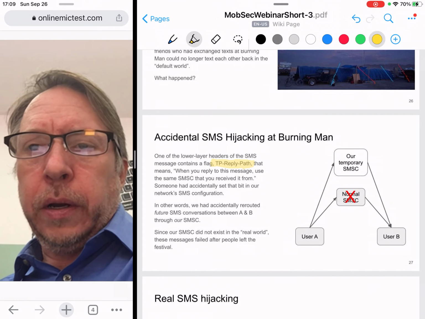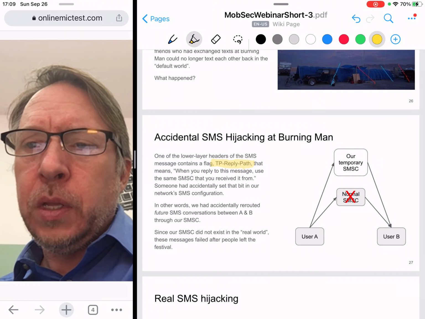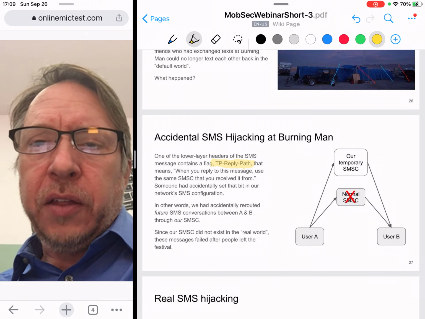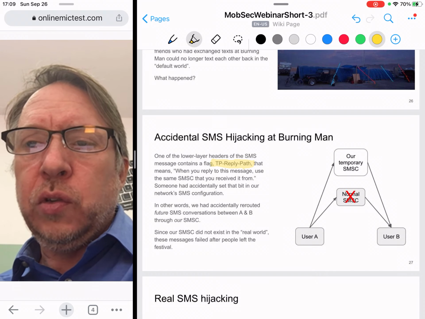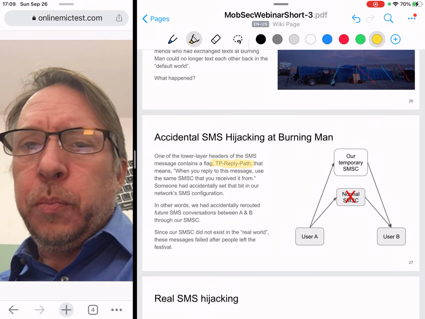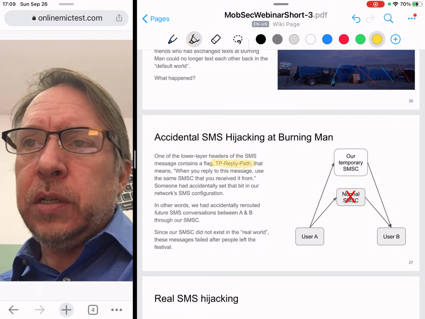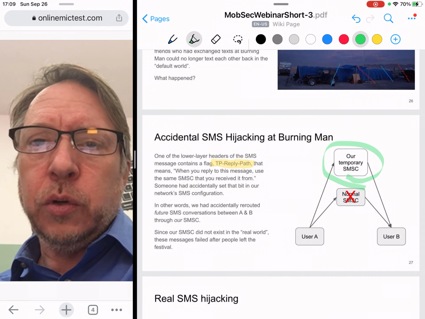The TP reply path bit tells the phone, when you reply to this message, use the same SMSC that you received it from. Well, the problem is that the SMSC that we were using at Burning Man, our temporary SMSC, which was part of our test network on site, didn't exist anymore. It wasn't even routable from the outside world.